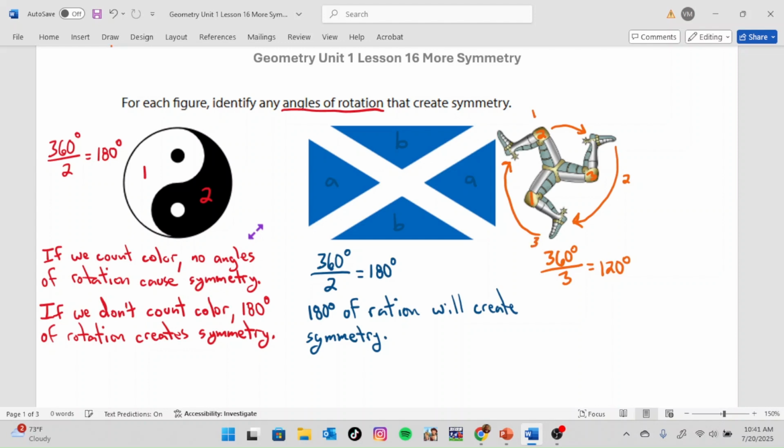But I could rotate a second time, 120 degrees, and the same thing would happen. So I could do rotations of 120 degrees and 240 degrees of rotation will create symmetry.